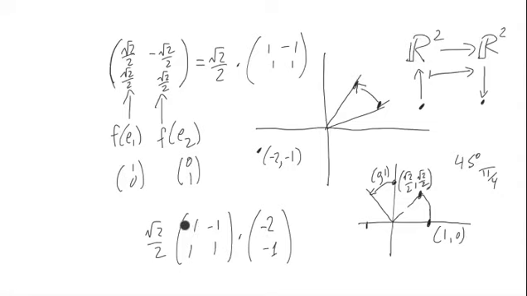So we can think negative 2 minus the second column, so negative 2 plus 1. We keep the root 2 over 2 factored out, and we have negative 2 plus 1, which would just be negative 1. And then we have negative 2 plus negative 1, which would be negative 3.